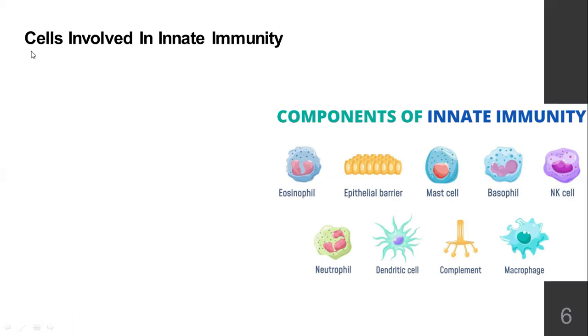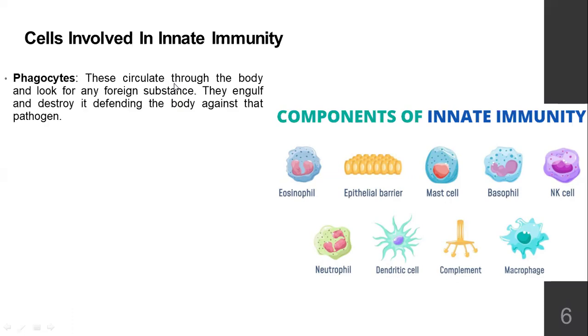Coming to the cells that are involved in innate immunity, you have phagocytes. Phagocytes swallow or engulf the bacteria, virus, dust. Once they have engulfed these pathogens, that's when they release the lysosome, which will kill the bacteria.